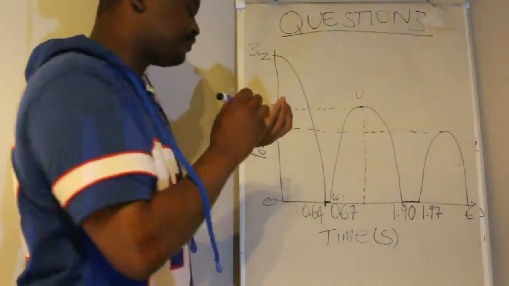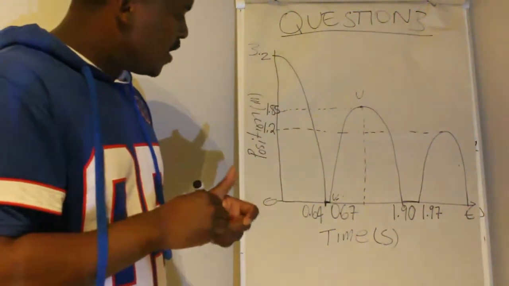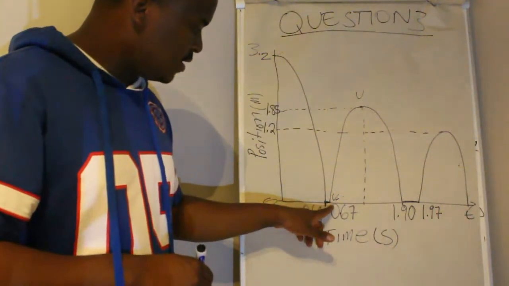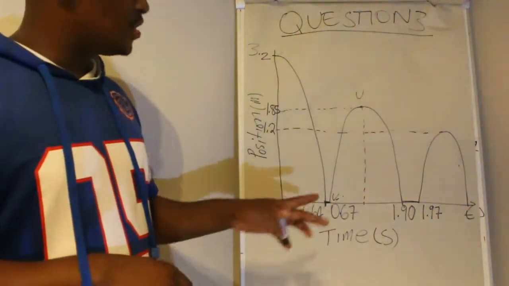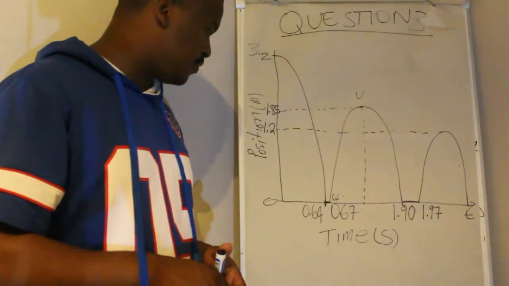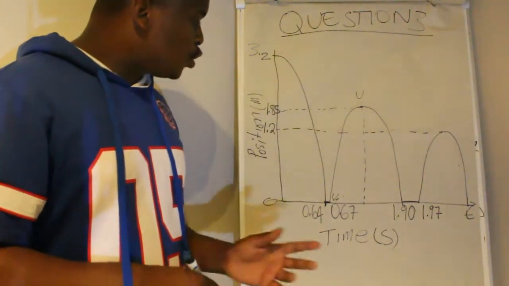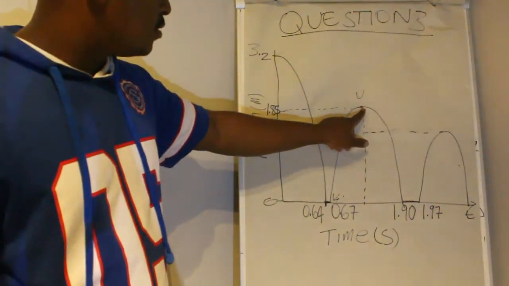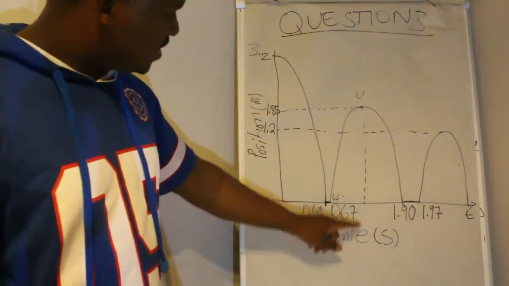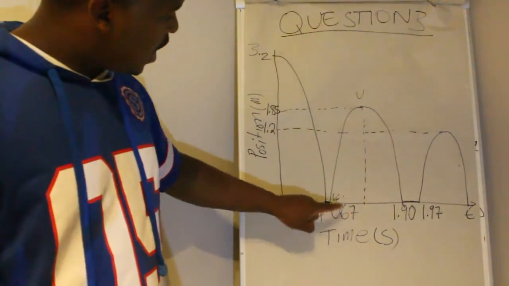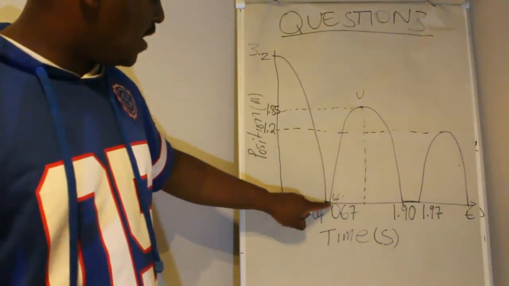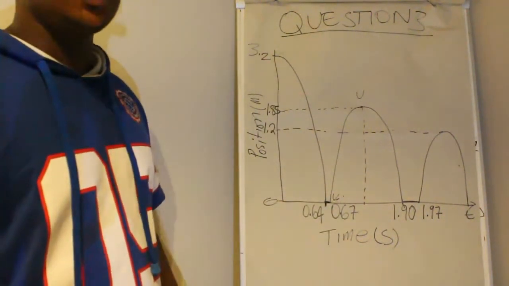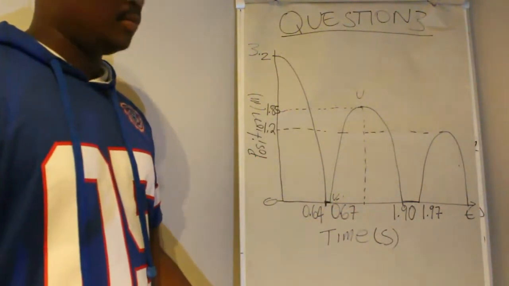So they want us to find the velocity here, at which the ball bounces off the ground. To do this, we know our final velocity, we know the displacement, and we know the time as well.